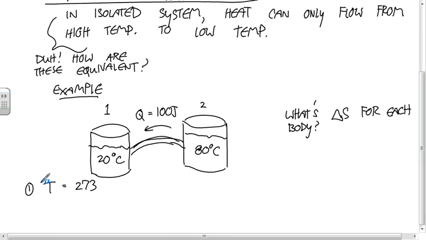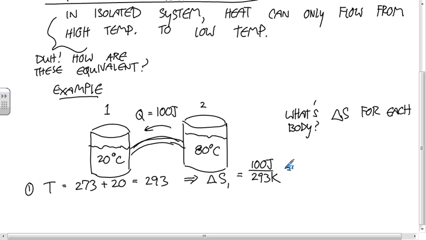I didn't mention this, I guess. So for body 1, the temperature is 273 plus 20, so 293. And so the change in entropy for body 1 is 100 joules divided by 293 Kelvin.